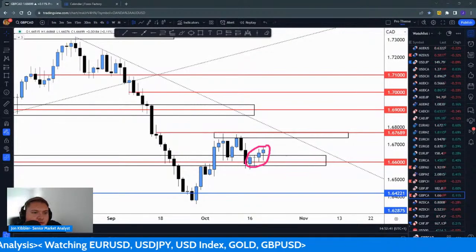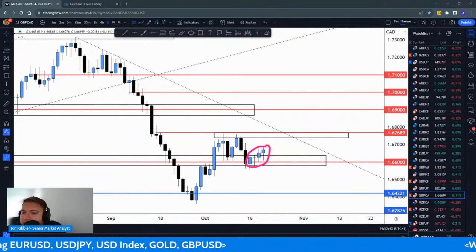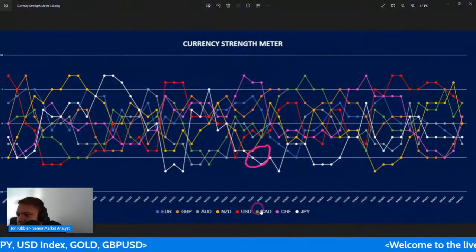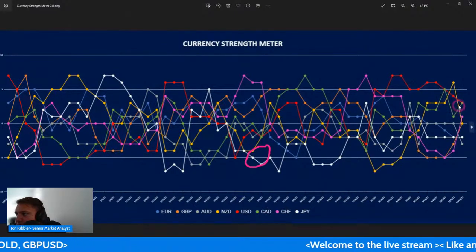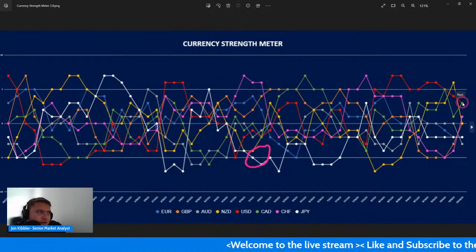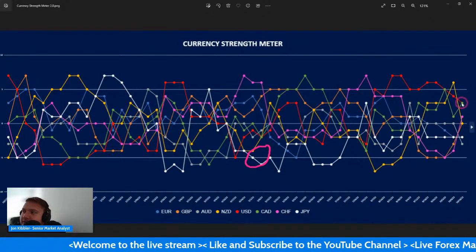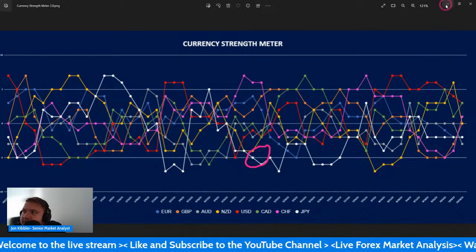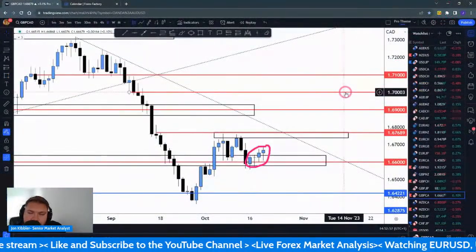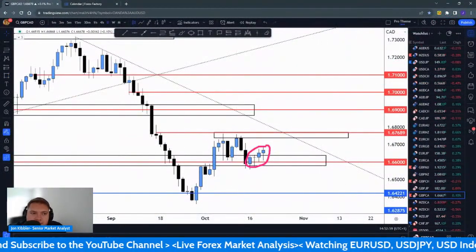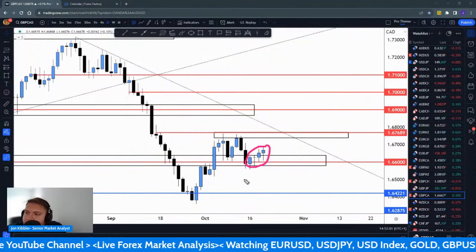Let me flick over to the strength meter. CAD is green. I've got CAD as a little bit stronger at the moment. And I thought that strength would come through with the sort of uptick in oil, but we haven't seen that.